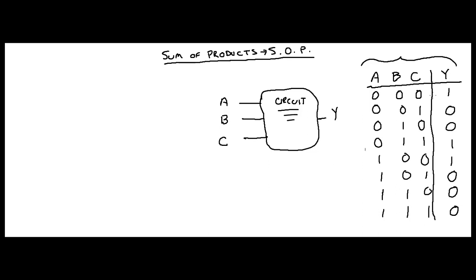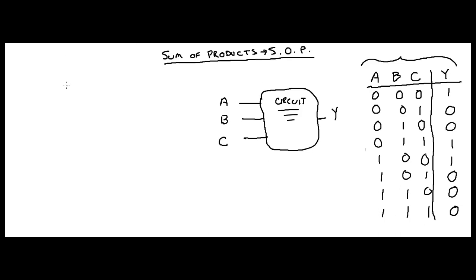We're looking for values that are equal to 1 in this case, all right? Or when A is 0, B is 1, and C is 1, or when A is 1, B is 0, and C is 0. Right? So let's just write down what we said.